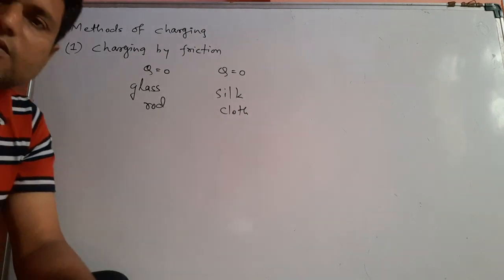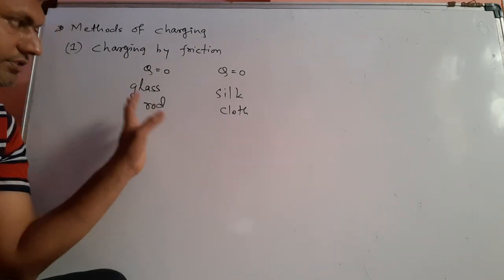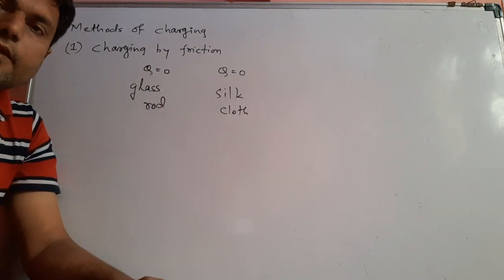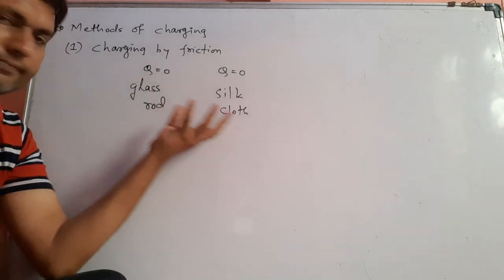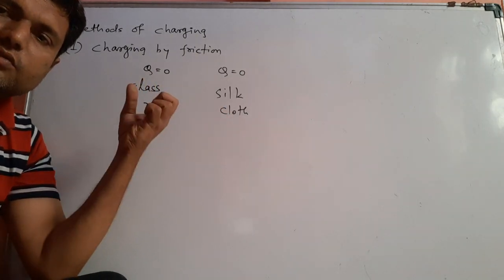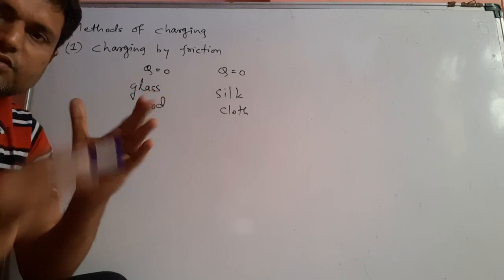It means there are equal numbers of positive and negative charges in a body. Now if we rub the glass rod with the silk cloth, obviously there is friction between the two.